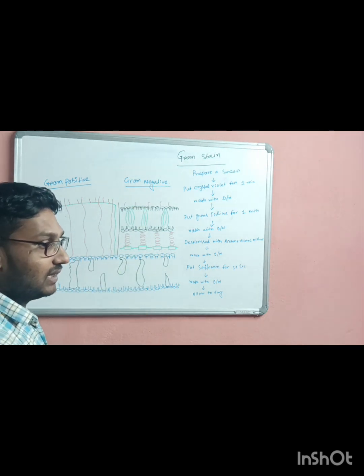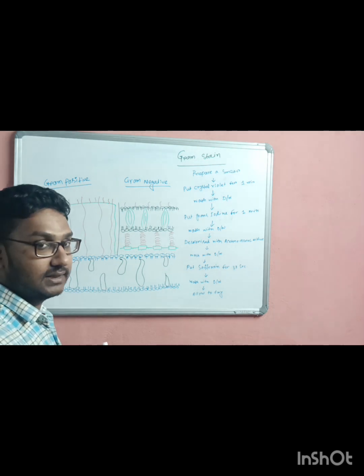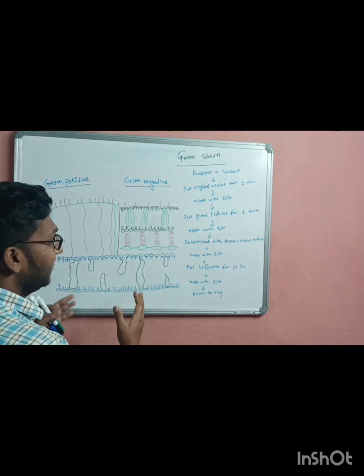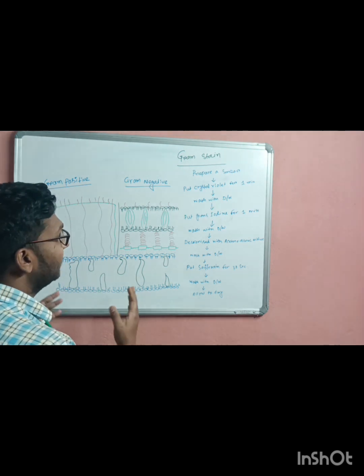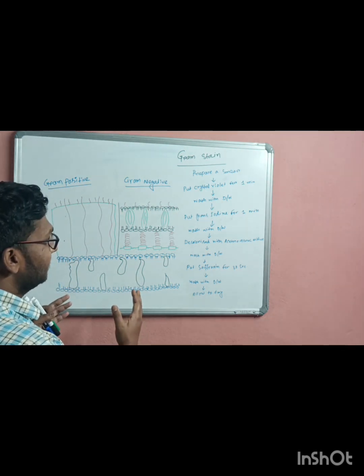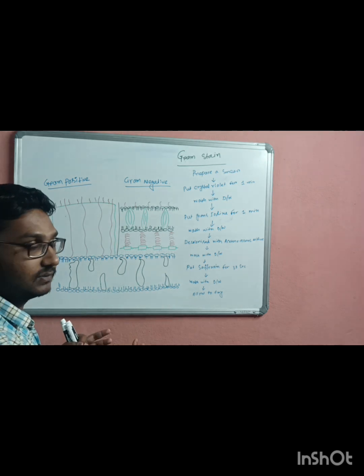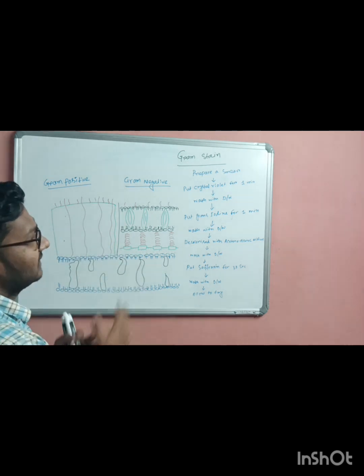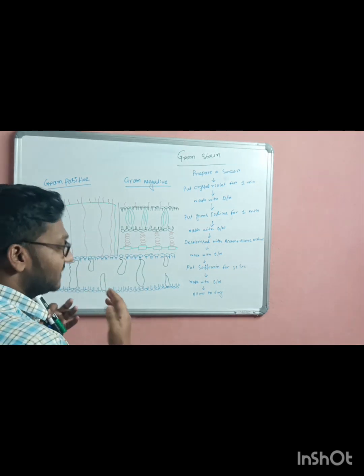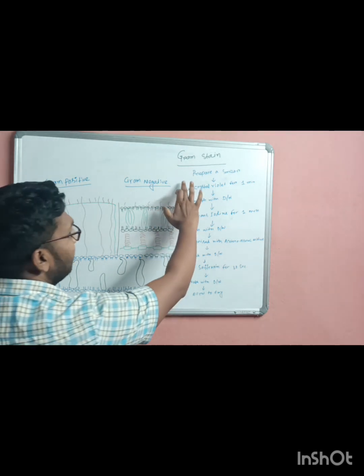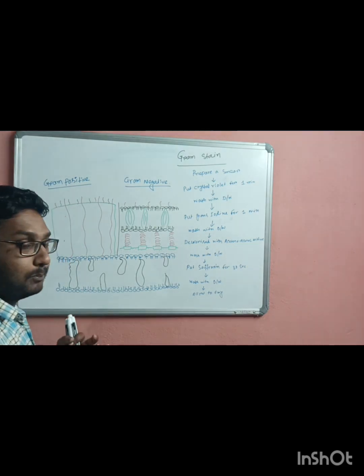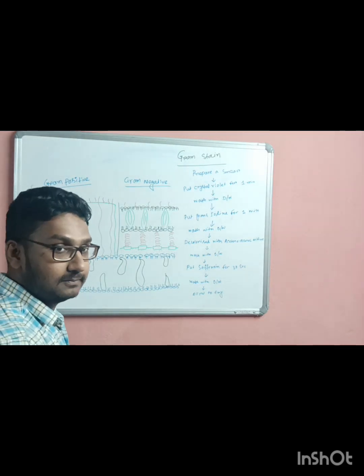Before going to the steps of gram stain, this is very useful and you must understand the cell wall structure. At first, when we start the gram stain, we have to prepare a smear.